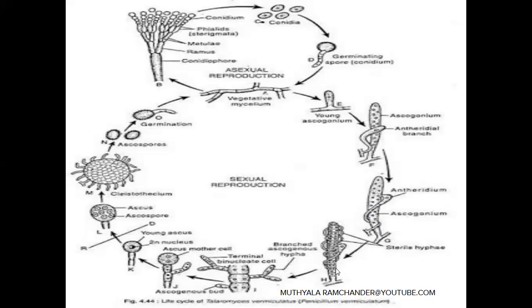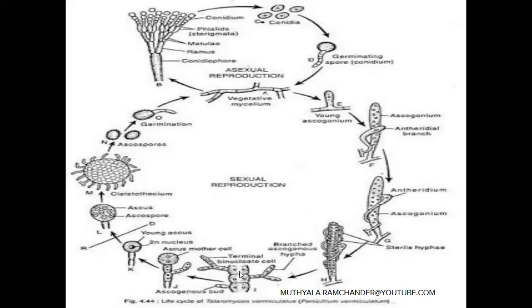Before plasmogamy, the ascogonium is in a cenocytic condition with many haploid nuclei. After plasmogamy, the ascogonium converts into cellular portions.